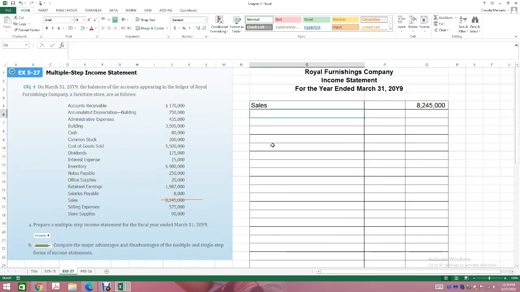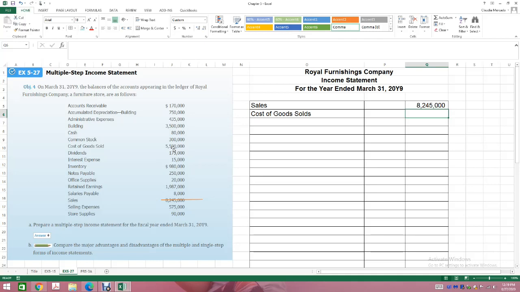And then right below your sales, you're going to have your cost of goods sold. This is how much you spend to generate or produce your goods, okay? So this represents an expense. This is what you've spent to make the product, okay? In this case, the balances.